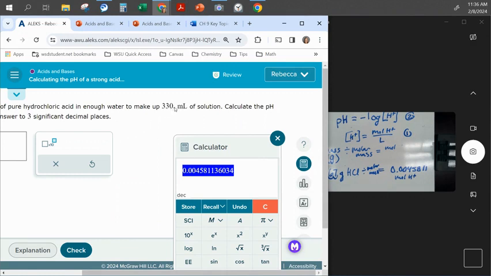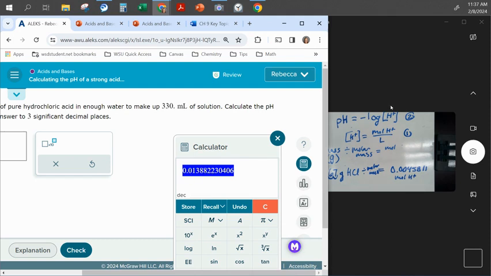This is 330 milliliters. I'm going to divide that by 1,000 to get 0.33 liters. And then divide my moles by my liters, 0.330. This now is my concentration of hydrogen.